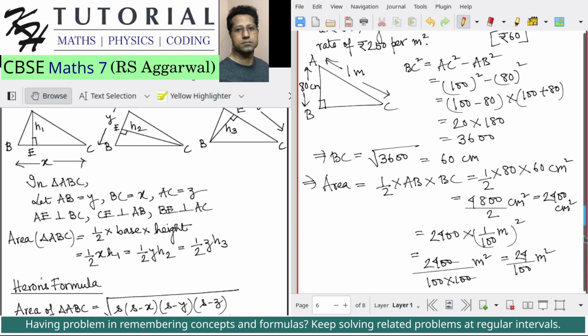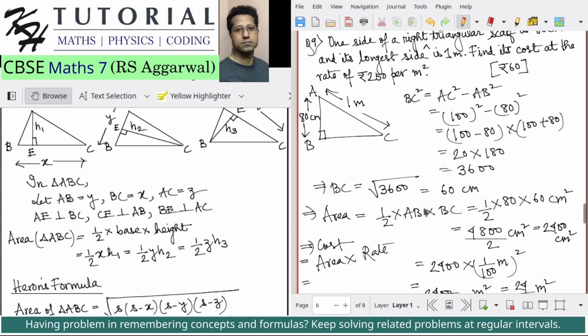Okay. So therefore the total cost will be area into rate, that is the area of the triangular scarf and the rate of cost of making the scarf. But remember that the unit of the rate matters.